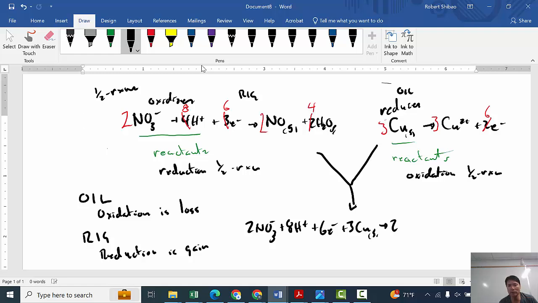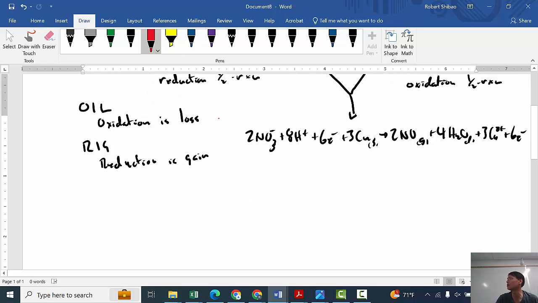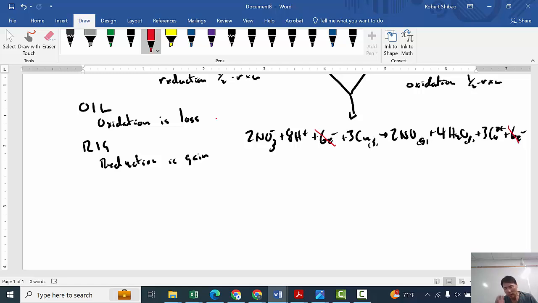This is going to produce 2 NO gas plus 4 H2O liquid plus 3 copper 2 ions plus 6 electrons. All right, then we simplify, like we do in net ion equations. We just cancel out the spectators. Although the electrons are not spectators, 6 electrons are consumed, 6 electrons are lost. In the equation, we'll cancel them out.